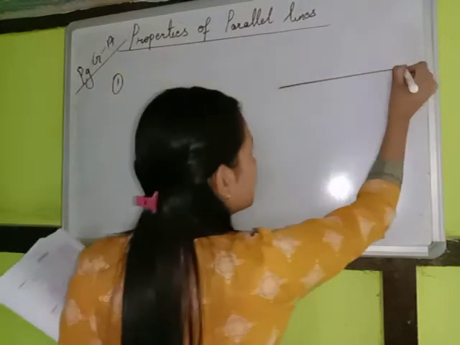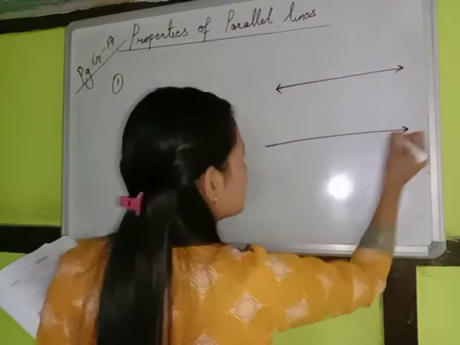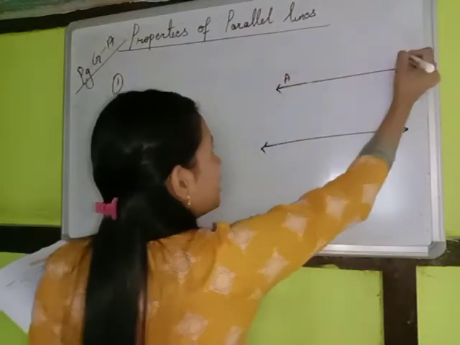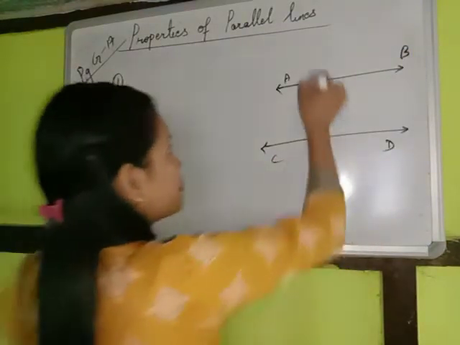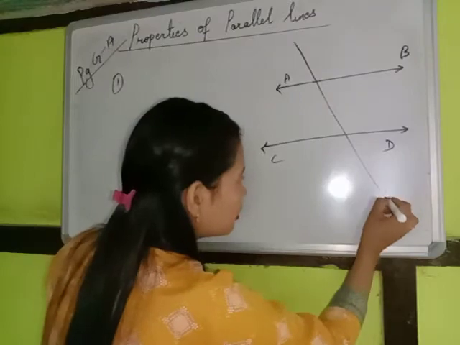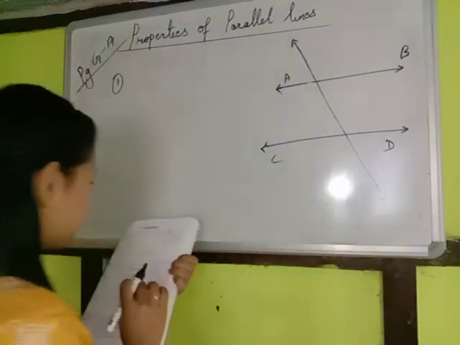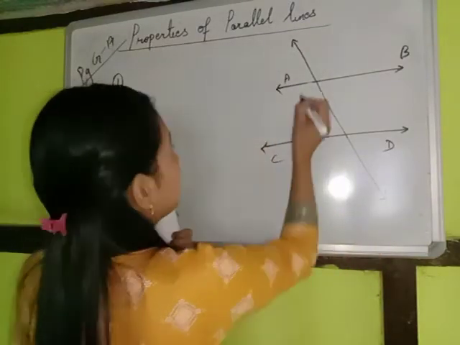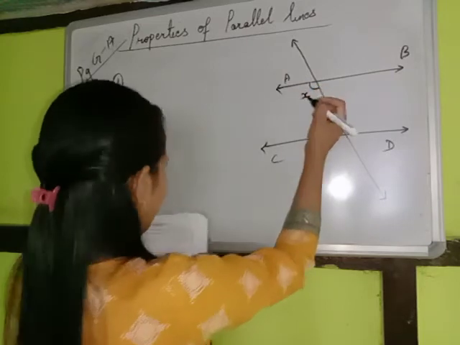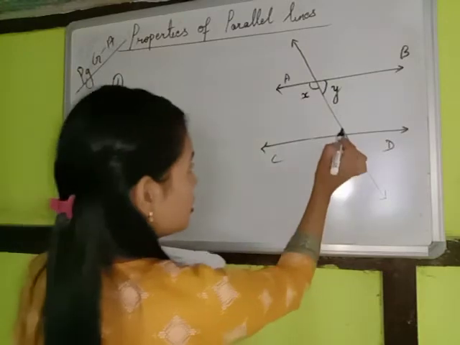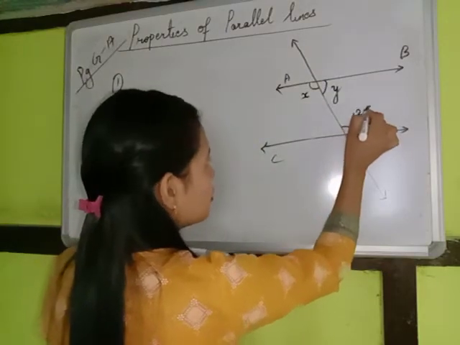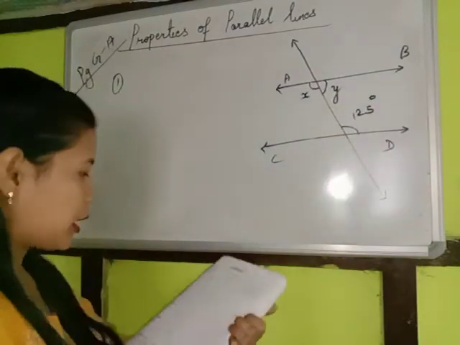We have two parallel lines, AB and CD, and a transversal, and we have the names of the angles given. This is angle X, this is Y, and this is 125 degrees.